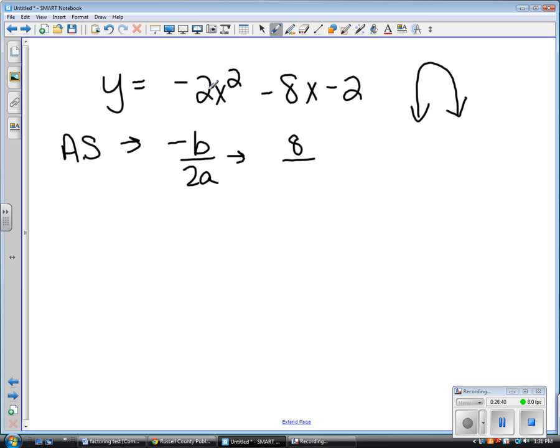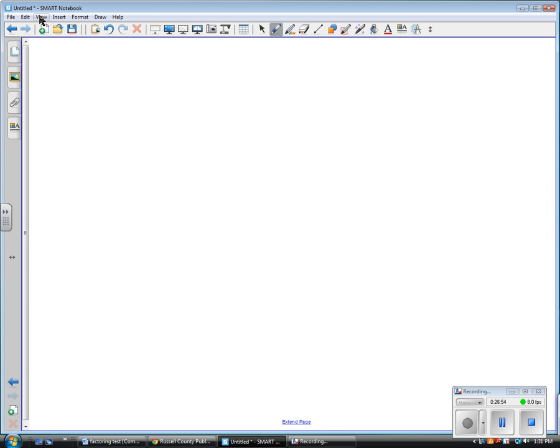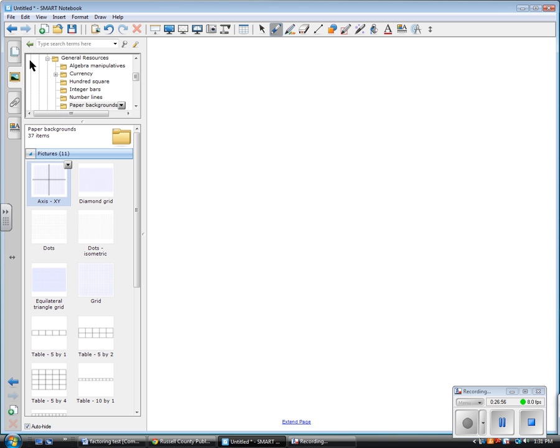What is 2 times a? 2 times negative 2 is negative 4, and 8 divided by negative 4 is negative 2. So on your graph paper, let's pull up another sheet of graph paper so we can look at him.